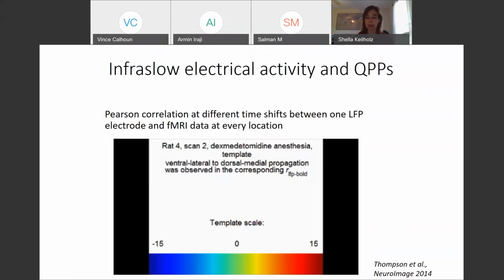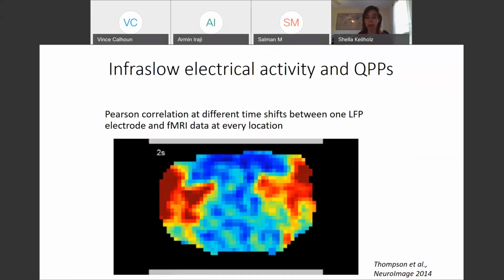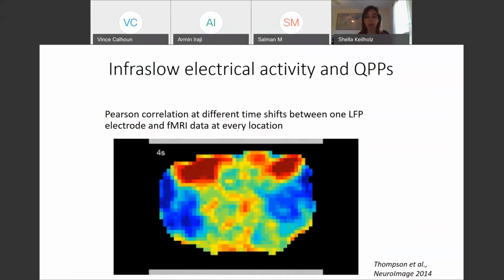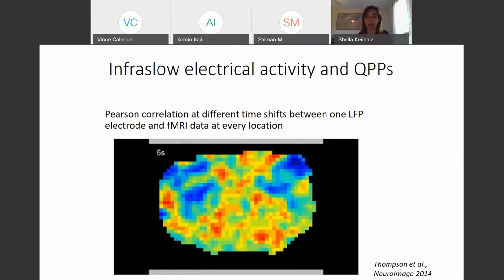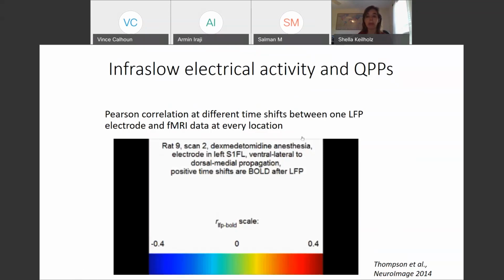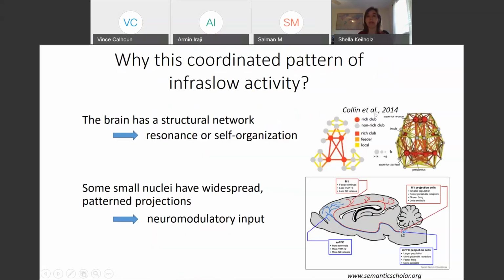Now here's the QPP template from the same rat, from the same scan, without looking at that measured infraslow electrical activity. And you can see that it's very similar. We actually did the statistics and showed that, yes, it looks like these QPPs are picking up this pattern of infraslow propagation.